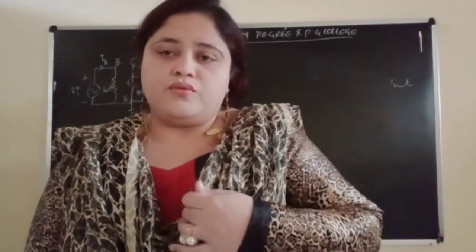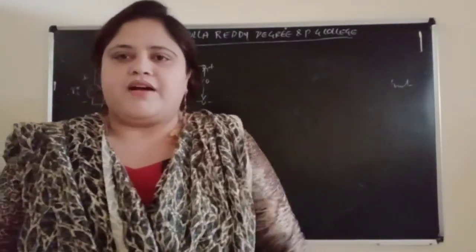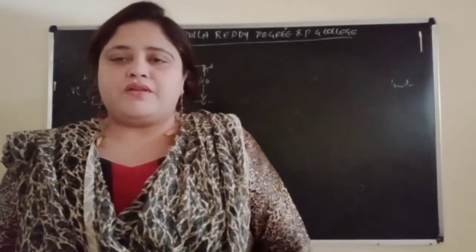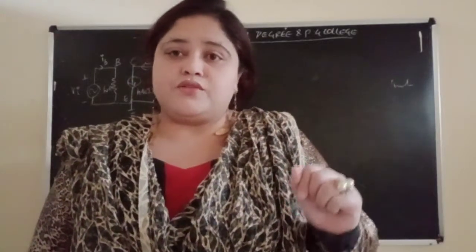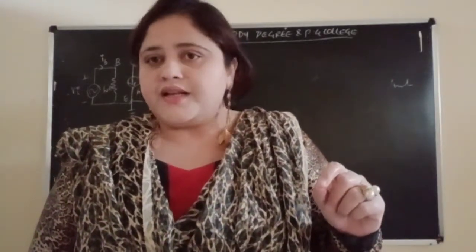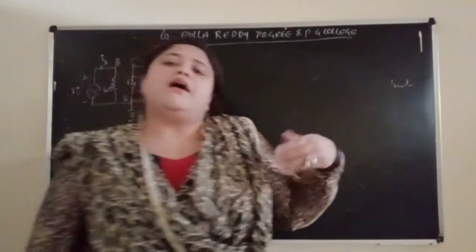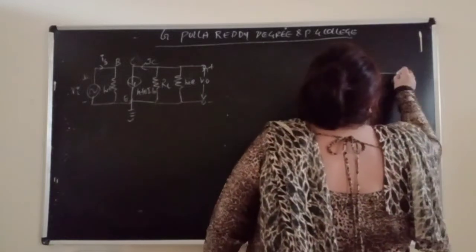Now we will go for the analysis of the RC coupled amplifier. In the analysis, you have to calculate the gain for low frequency, mid frequency and high frequency. First we will derive the mid frequency gain, so that it is useful for both high and low. See here, this is the diagram for frequency response.